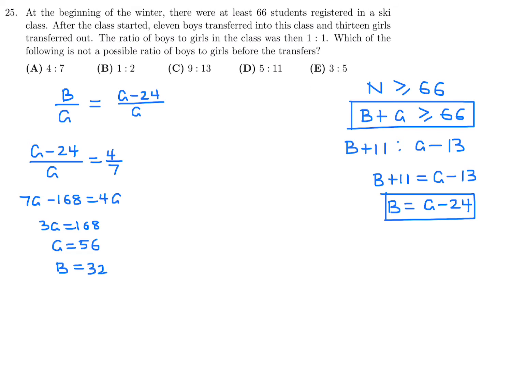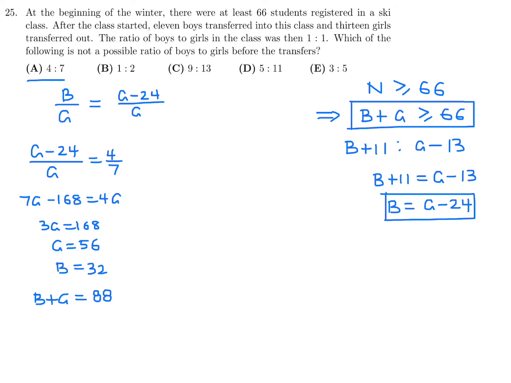Now you say, well, those work in terms of integer values, but how do I know that this is possible? Well, you have to add up B plus G, and that gives me 88. And does that satisfy this? Sure it does. So this is legitimate. This is a possible value.